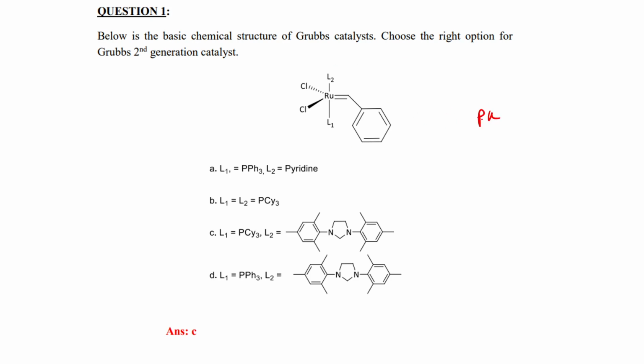So you can expect this kind of scaffold as the ligand. Here, for L2, you can write this kind of carbene, a five-membered ring with nitrogen and an aromatic system.